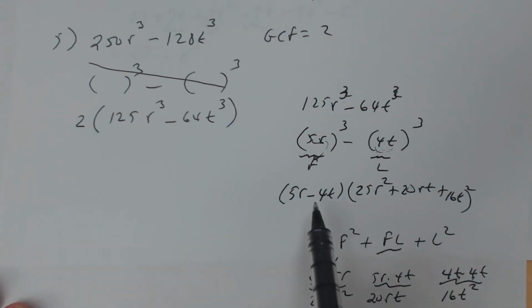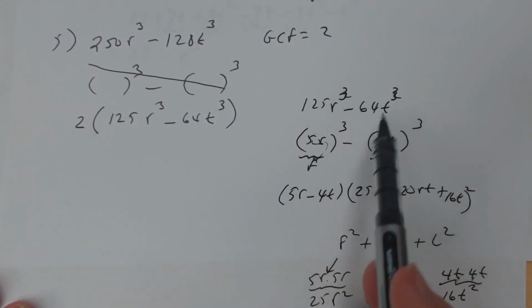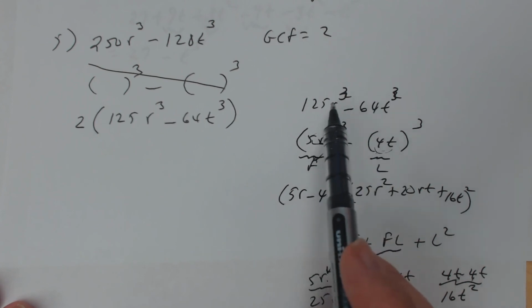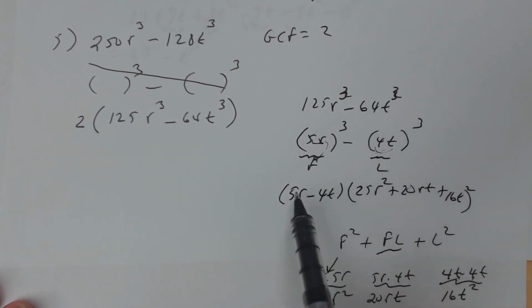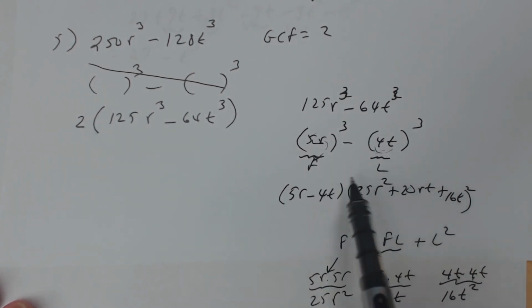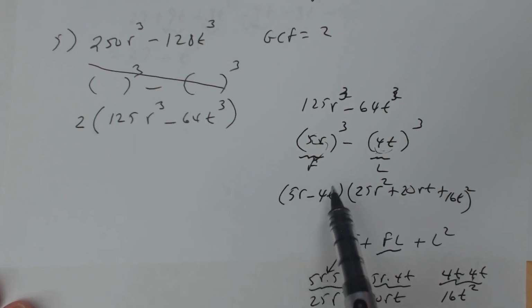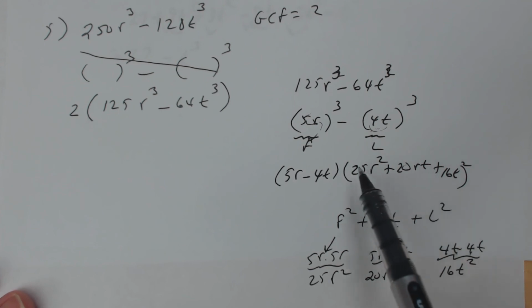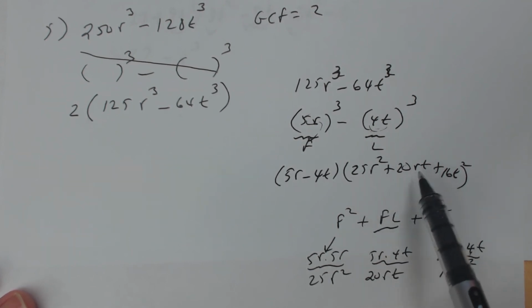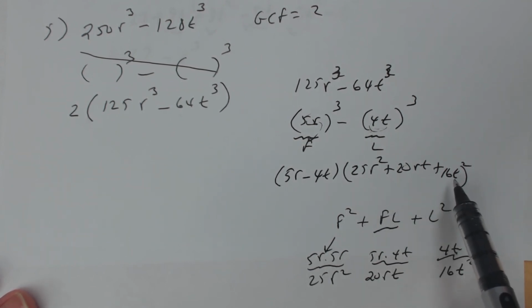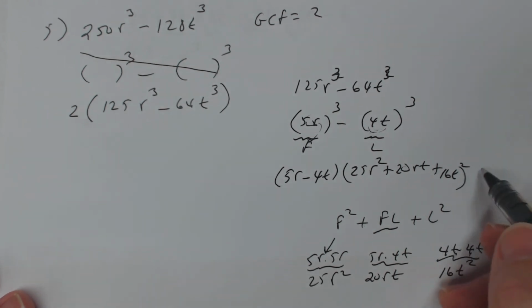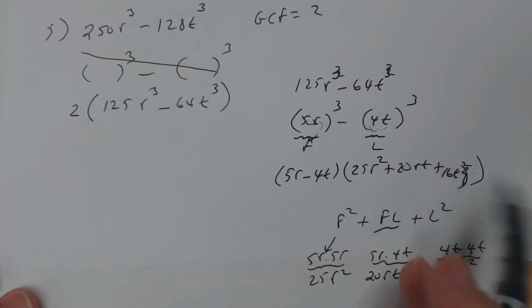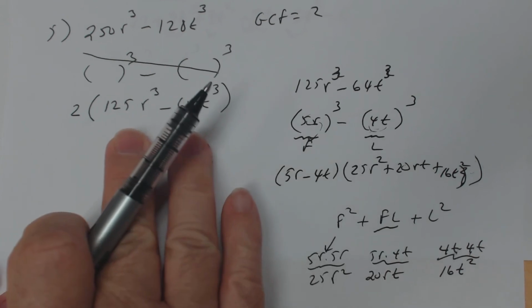Okay, so I factored this, so this right here was the difference of 2 cubes. So I get this binomial times this trinomial. So 5r minus 4t times, remember all the work here, 25r squared plus 20rt plus 16t squared. Okay, and that parentheses should be on the outside. So now that goes here.